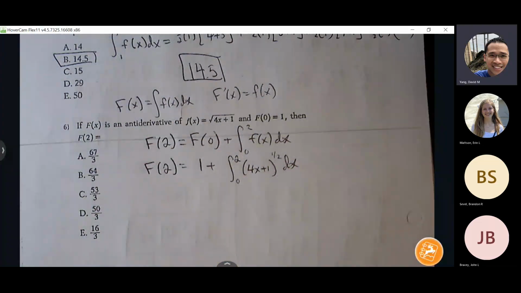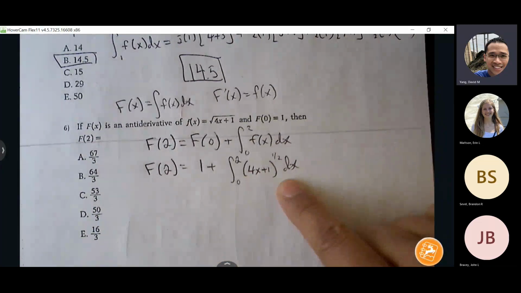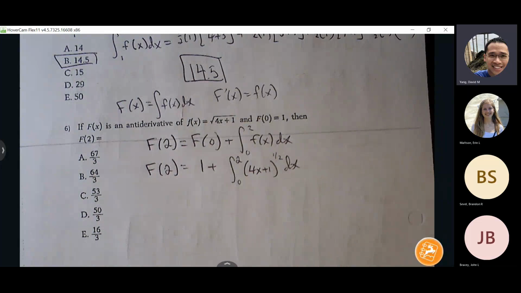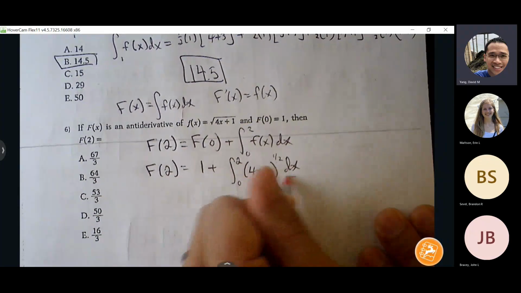Now you can enter this into your calculator, but I just want us to practice a bit with U substitution because this can be done using U substitution.